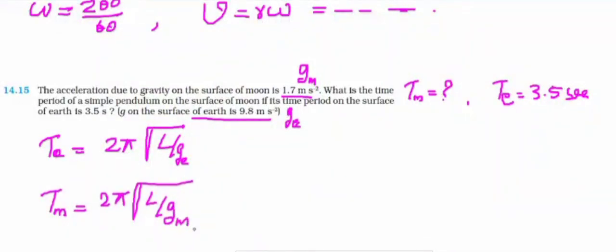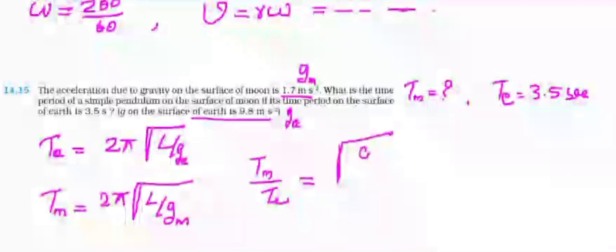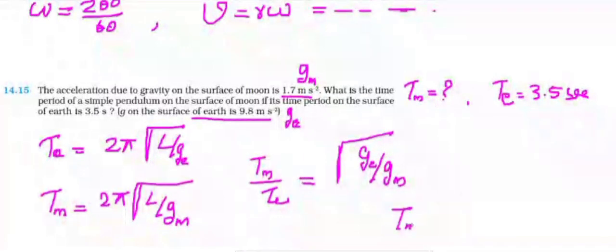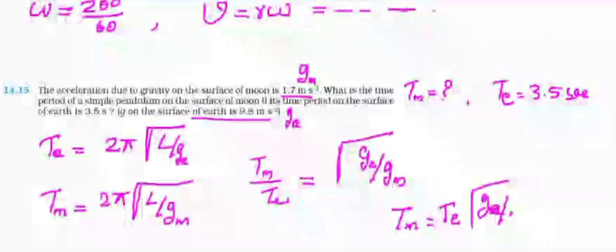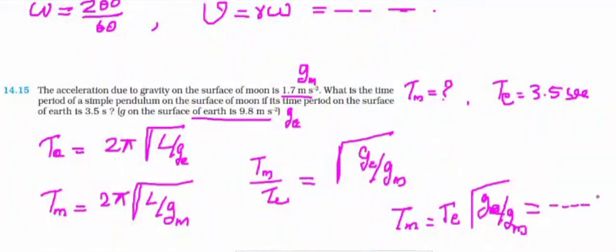Now take the ratio Tm by T, so you get Tm divided by T is equal to under root G by GM. Cross multiplying, Tm is equal to T into under root GE divided by GM. Substitute the values and find the value of Tm.